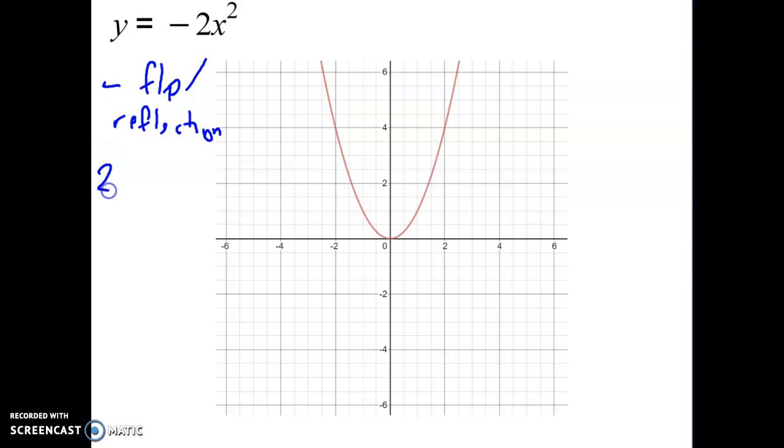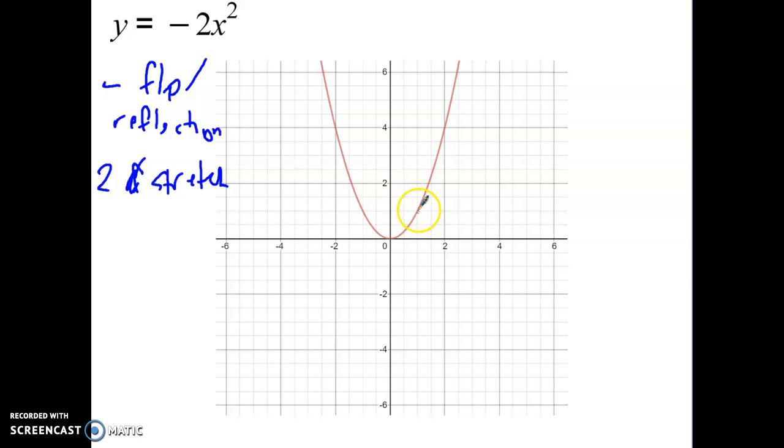And then the 2. Okay, so the 2 is greater than 1. Ignoring the negative, just focusing on the 2, or looking at the absolute value of -2, if you want to think of it that way, 2 itself is greater than 1, so that is going to be a stretch. That's going to be a vertical stretch. So in this case, I'm going to do 2 things. I'm going to flip my graph over the x-axis, and I am also going to stretch it.